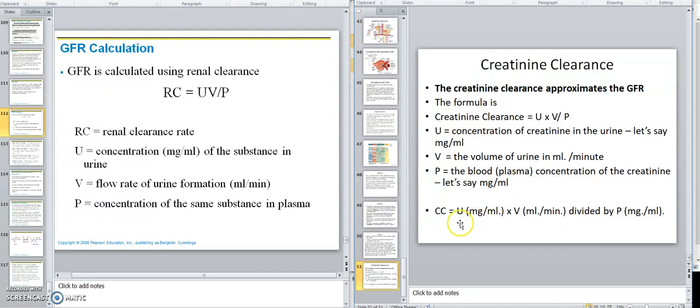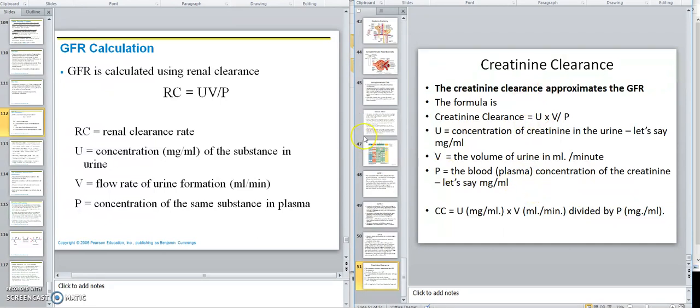So creatinine clearance would be U times V times this. Now this would be in the denominator, so that would cancel out. So then the answer would come out in volume, because the answer is how many milliliters per minute. So that's essentially how we do the calculation to get that GFR.